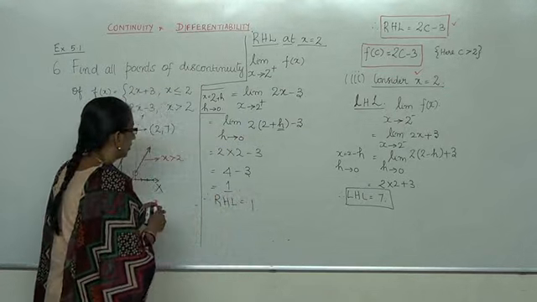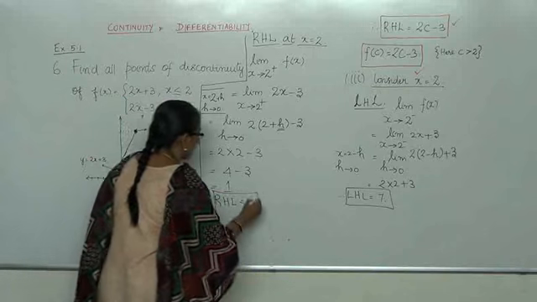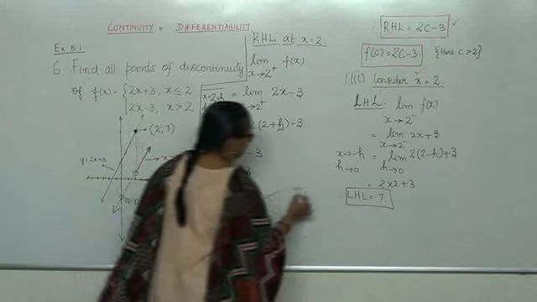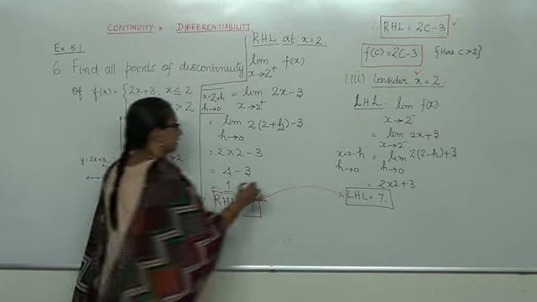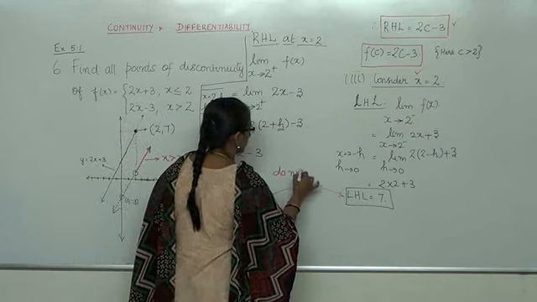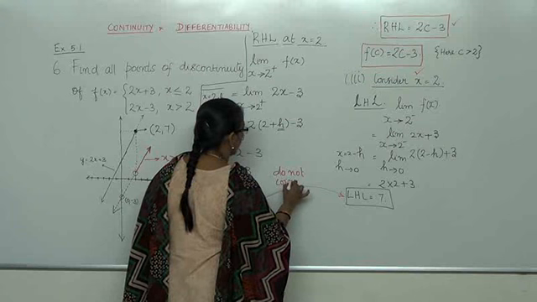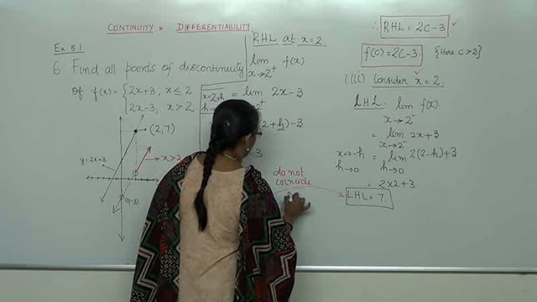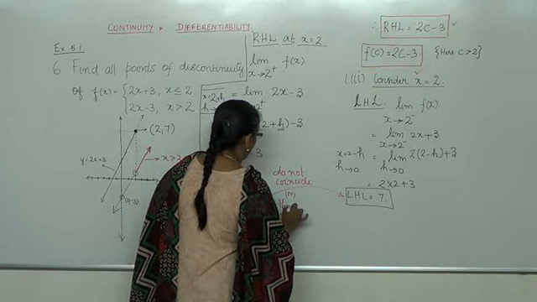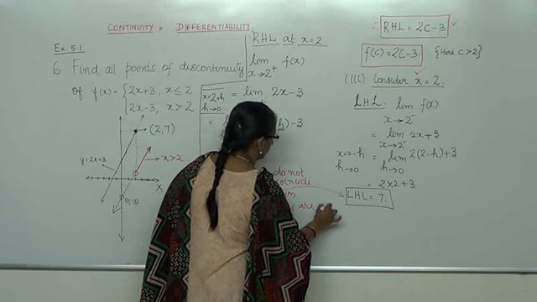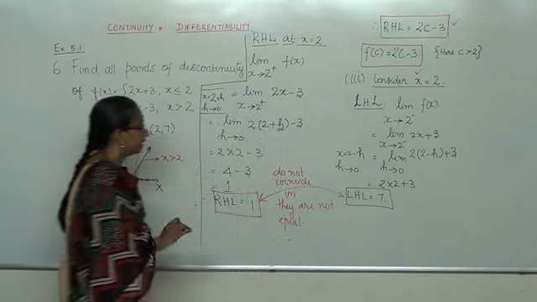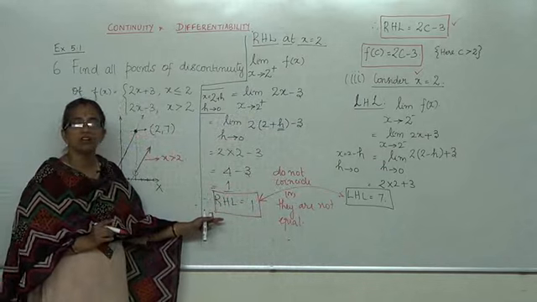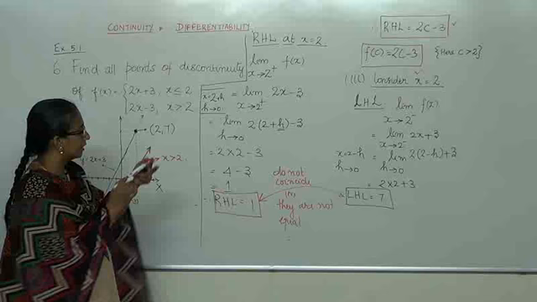Okay, so what do we find? The left hand limit and the right hand limit do not coincide. These are not equal. Now further, what can you say about the value of the function at the point x is equal to 2?